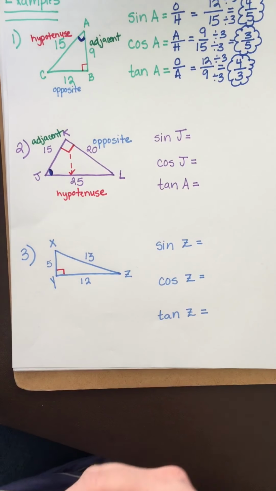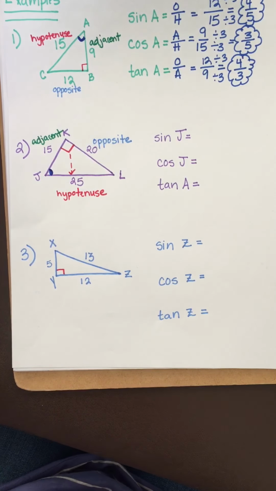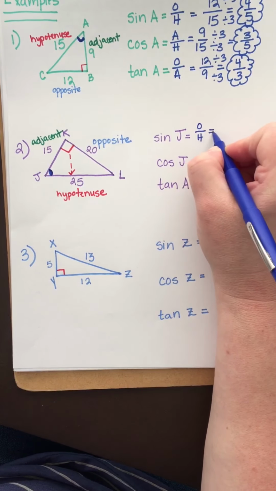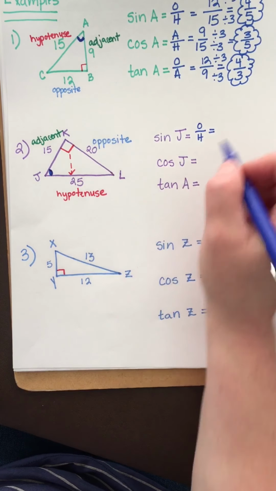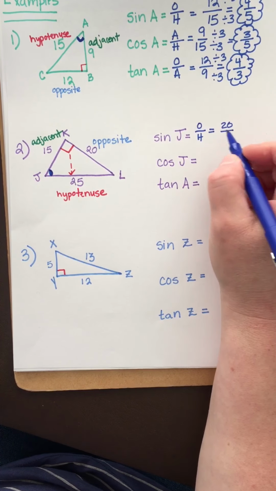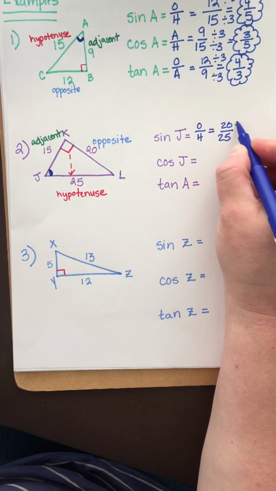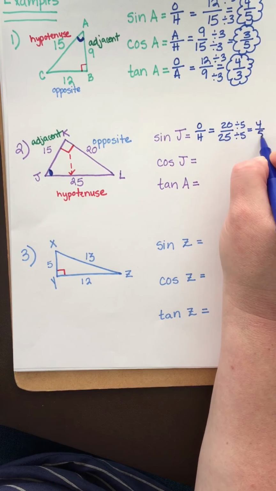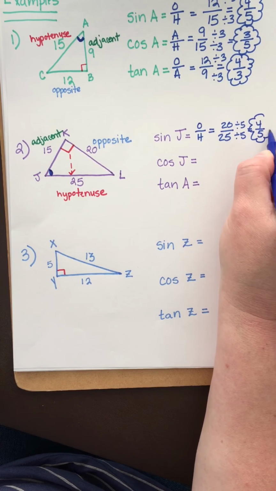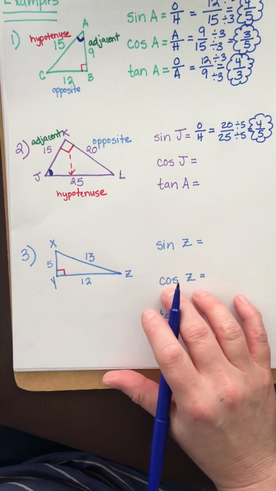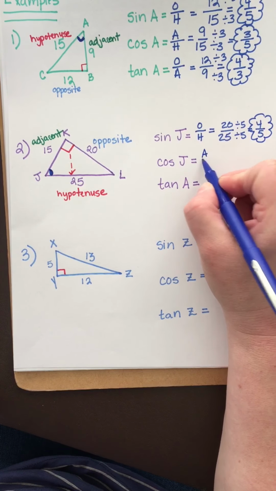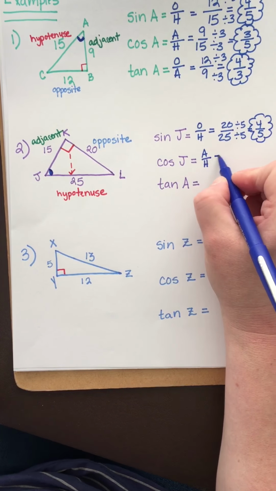Now we're just going to use those same ratios. For sine, sine is opposite over hypotenuse. Opposite is 20. Hypotenuse is 25. I can divide both of those by 5, and I get 4/5. So the sine of angle J is 4/5. Let's do the cosine of J. Cosine is adjacent over hypotenuse.